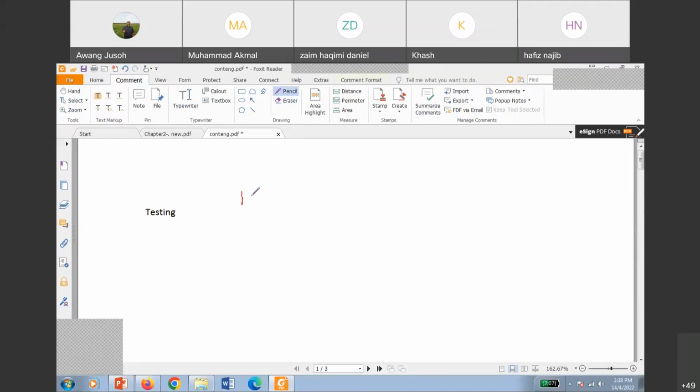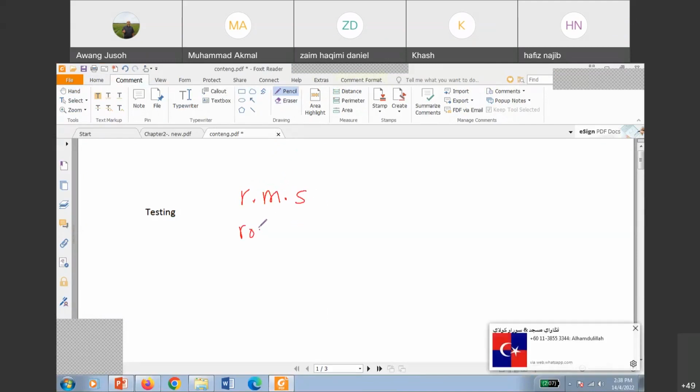R stands for root, M stands for mean, S stands for square. Root mean square, or sometimes we call it effective value in the AC system. There are two: one is the average value, the other one is the effective value.